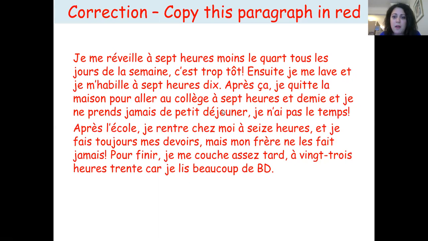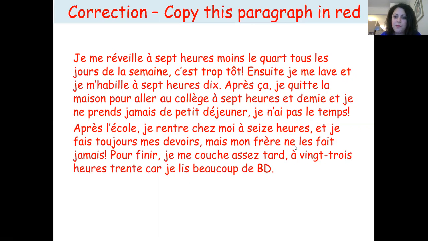Do you need to work on your negative? How to say never, which is ne plus verb plus jamais. Okay. Then, do you need to work on faire? Did you make mistakes on the conjugation of faire? Je fais, f-a-i-s, but my brother, il fait, f-a-i-t.